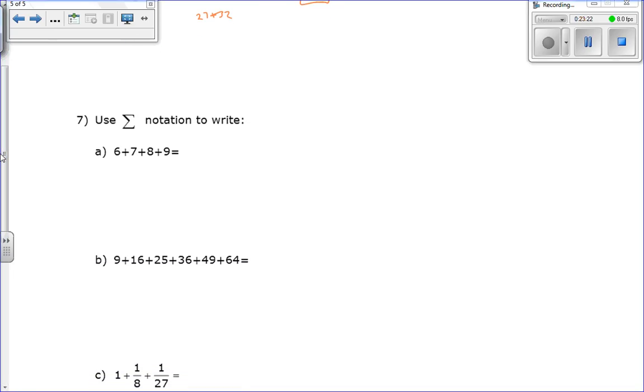For number 7, we need to use sigma notation. Now remember, I said this before, there's several different ways to do this. I'm only showing you one that's right. Most of the time we start with i being 1, or k or j or whatever letter you're choosing.